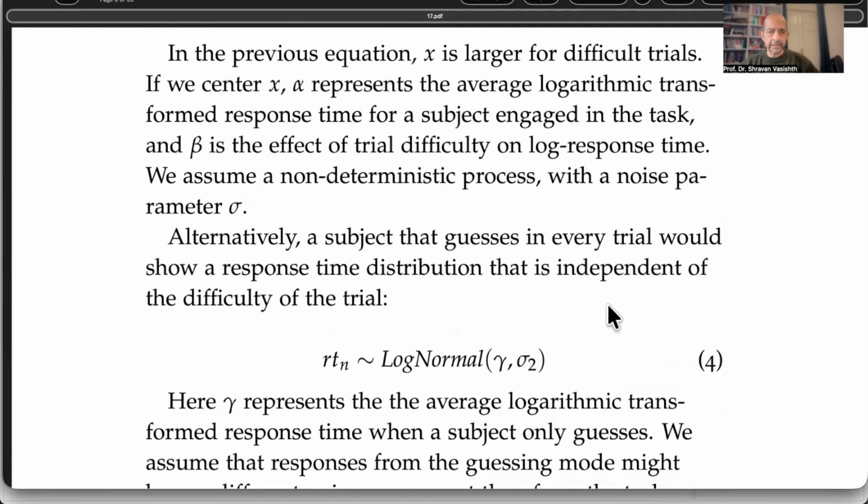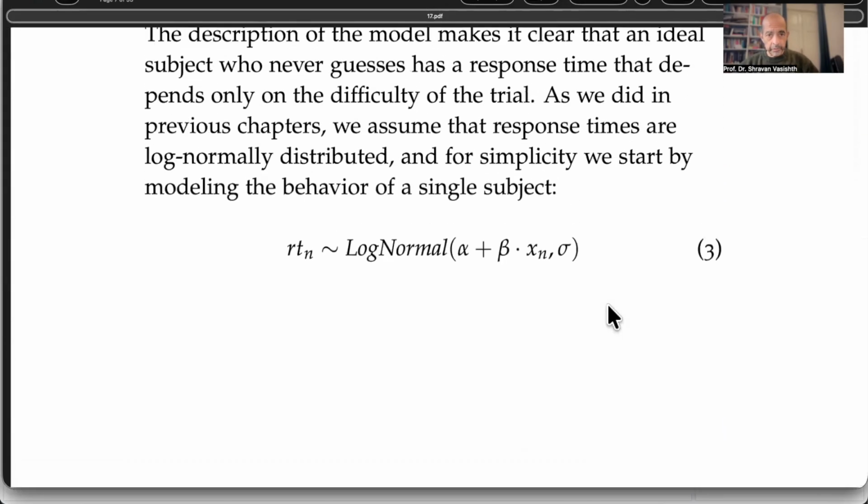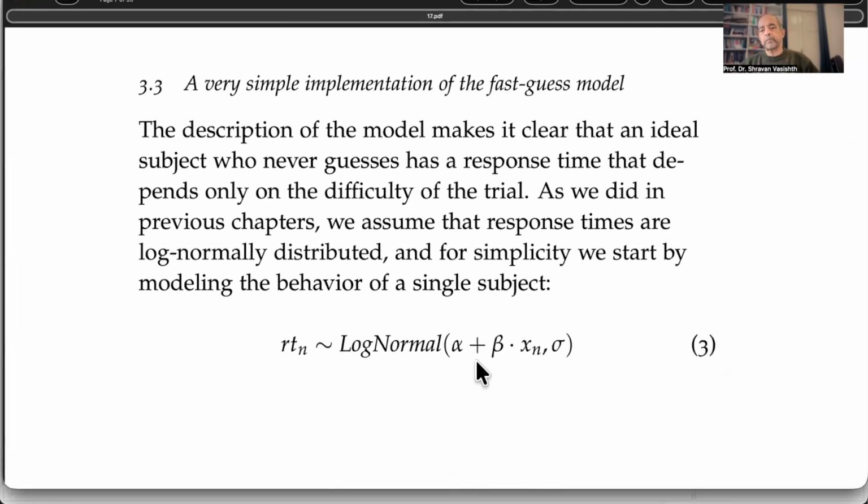So the way we will set this up is that we're going to assume that when the participant is engaged, the participant is going to be affected by the difficulty, which is x sub n here. That's the easy, hard levels of the factor difficulty.